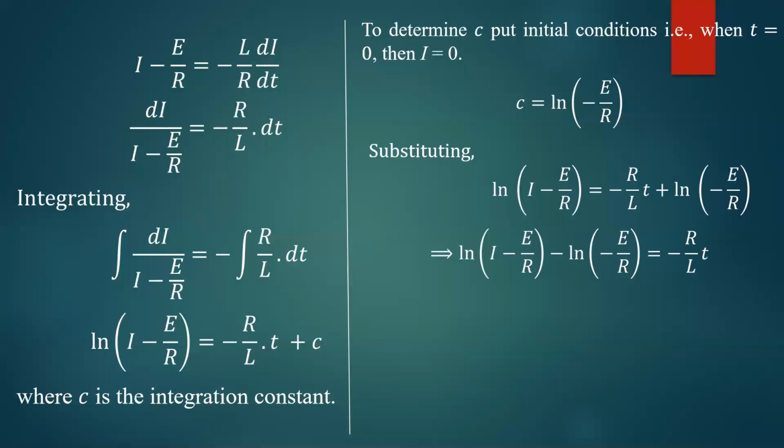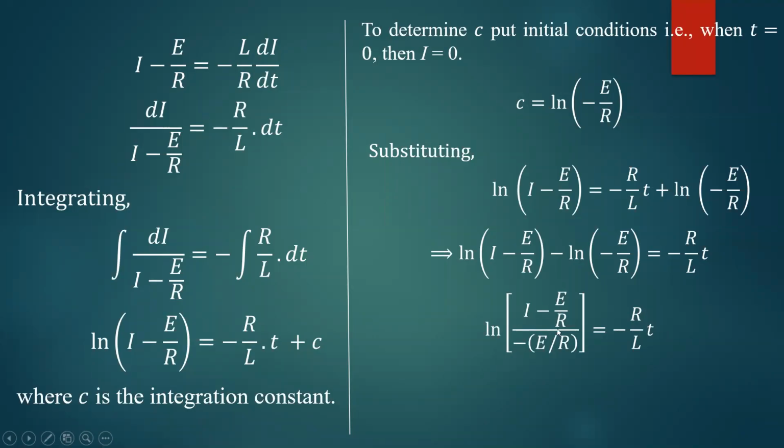Already we know that log of m minus log of n is log of m by n. So applying that logarithmic identity, you will get ln of I minus E by R divided by minus E by R is equal to minus R by L into t.